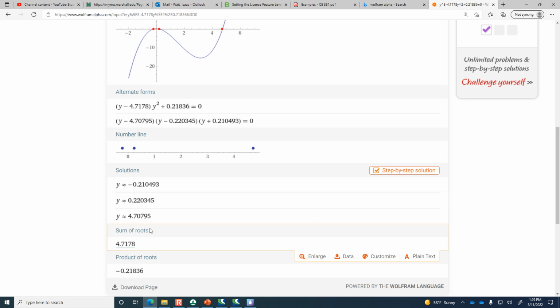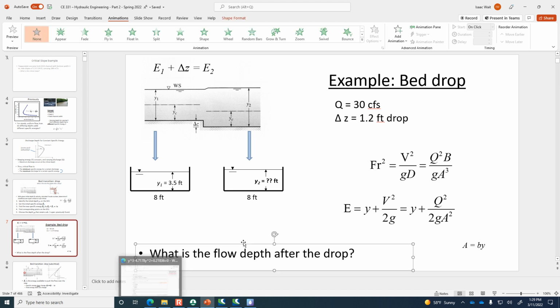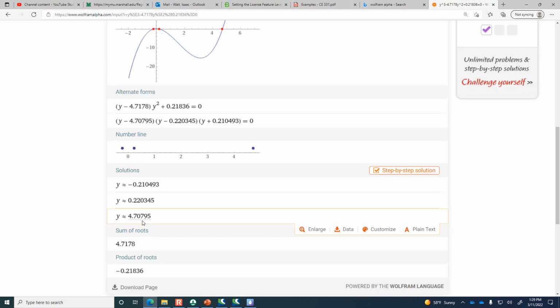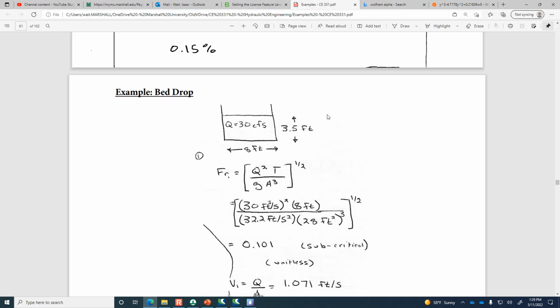So since we had subcritical conditions beforehand, at the upstream location, then afterwards will also be subcritical. And so what that tells us is the flow depth after the drop is going to be the larger of those two. It's going to be 4.708 feet. Now, my calculations that I had here were a bit different.